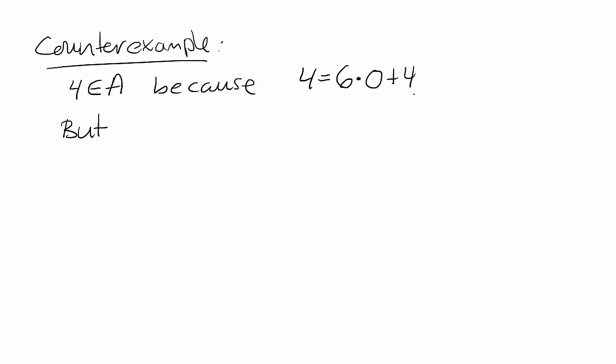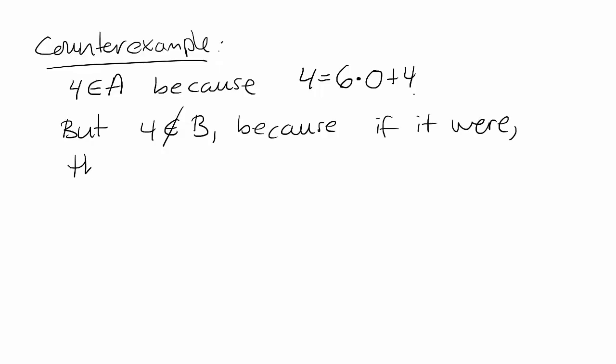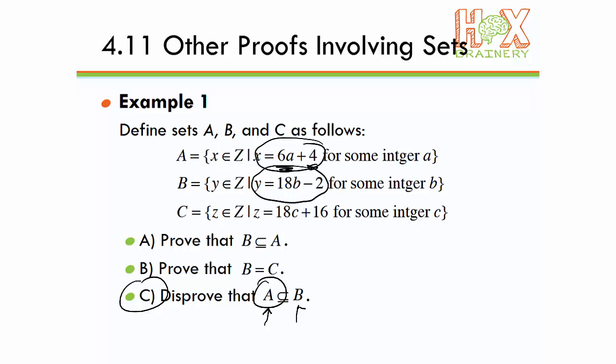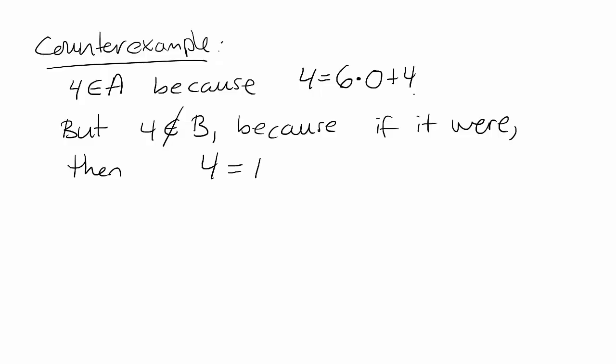But 4 is not an element of B, because if it were, then you'd have to be able to write 4 so that it's of this form here, 18b minus 2. And this would have to work for some integer b.